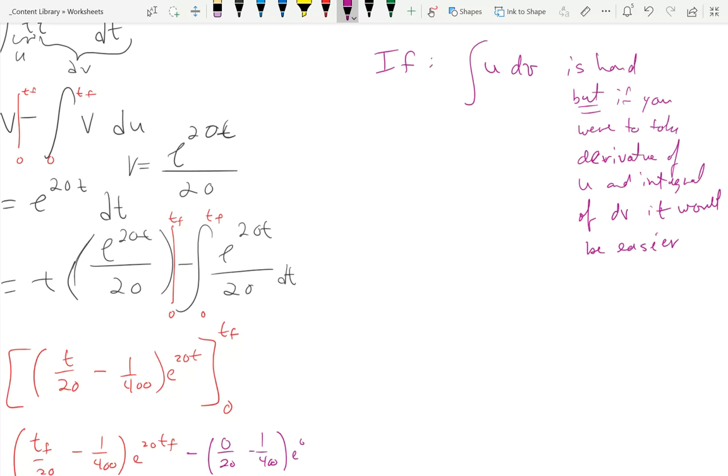So if I'd had, instead of t e to the 20t, t to the 5th e to the 20t, if I took a derivative of t to the 5th, I'd be down to t to the 4th. If I took 4 more derivatives, I'd be down to a constant, and it would be easy. We did integration by parts like 5 times to get to the answer.